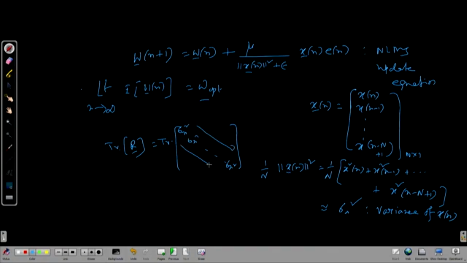Trace of this will be the summation of the diagonal elements. There are capital N of them, so it will be N sigma x square. From here I find norm x n square is capital N sigma x square, which is the same as trace R.